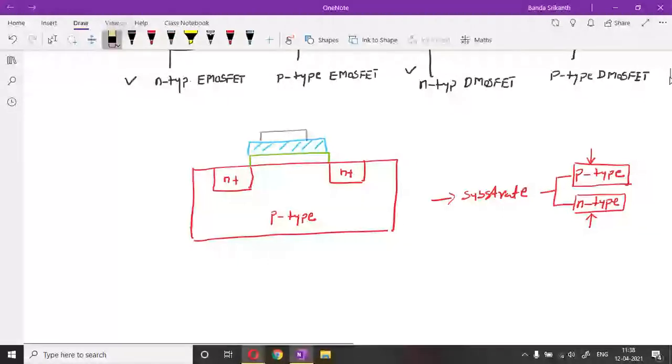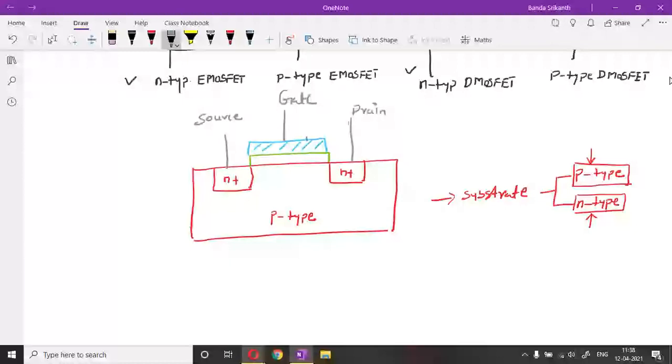So this is the gate, this is the source, and this is the drain.